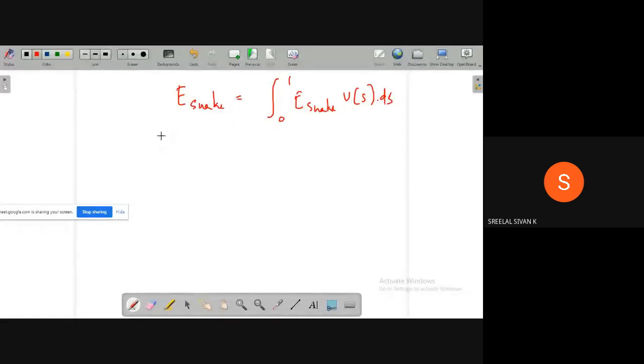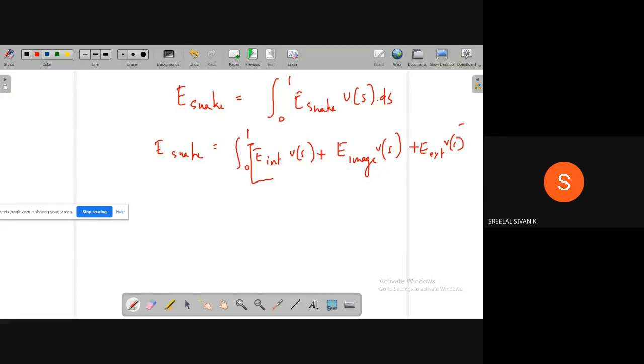So E snake can be written as the integral from 0 to 1 of E internal V of S plus E image V of S plus E external V of S, ds.